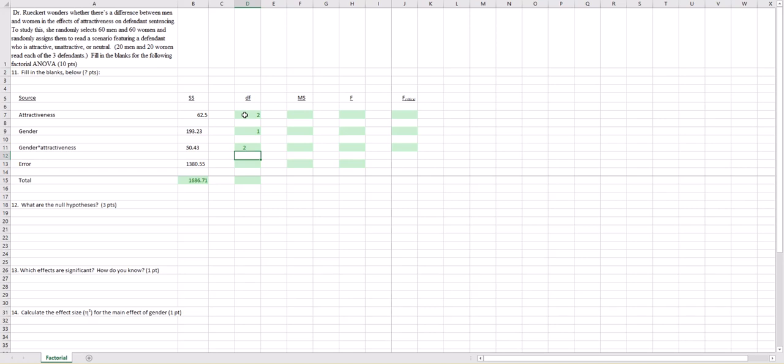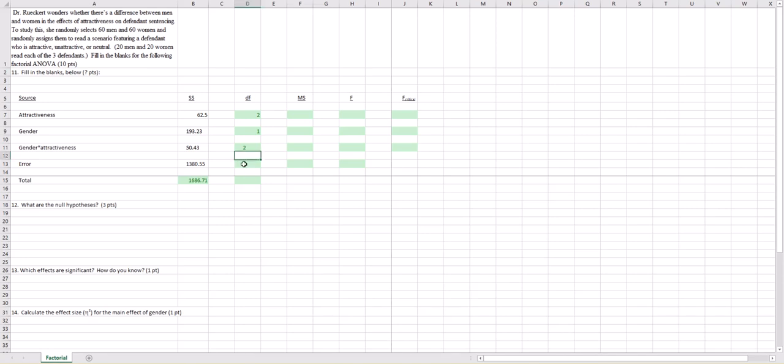Error equals how many are in each group, so this is going to be 3 times 2 times 20, because there are 3 different attractiveness scenarios, 2 genders, and 20 people per one.